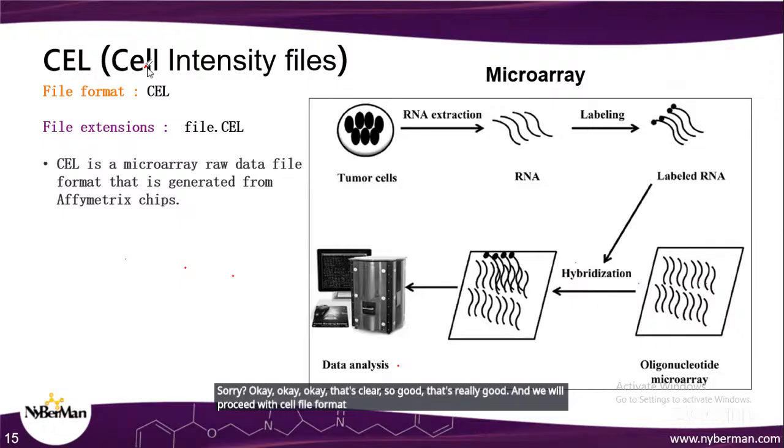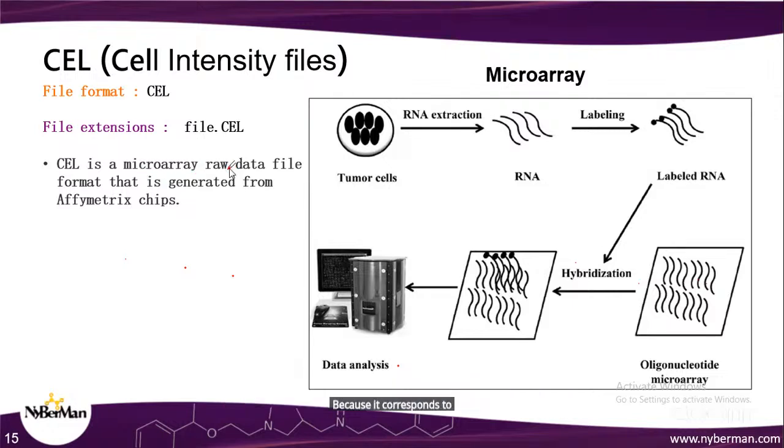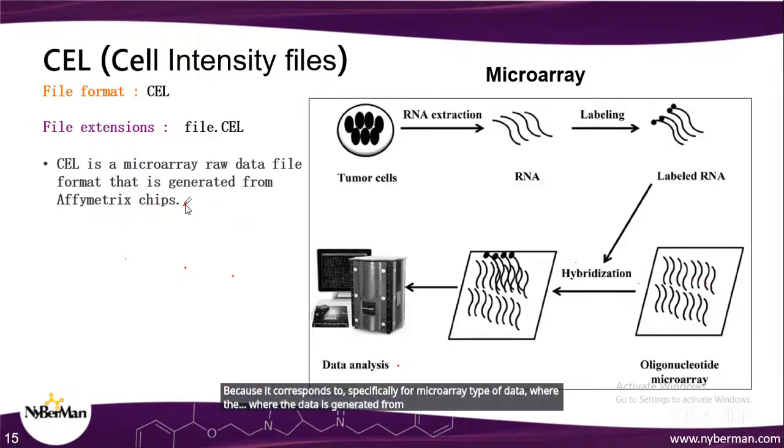So the CEL file format basically stands for the cell intensity file, and these files have the probe intensities. It corresponds specifically to microarray data where the data is generated from Affymetrix chips.